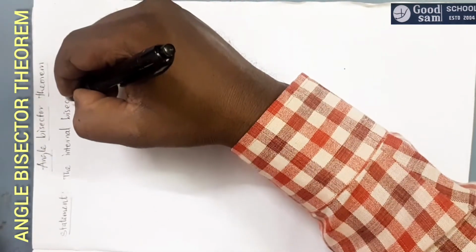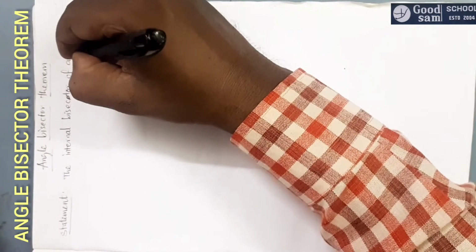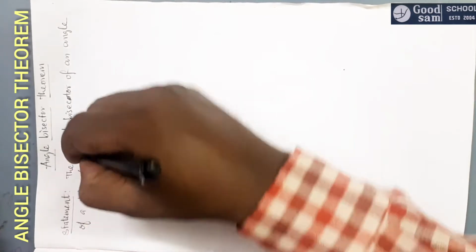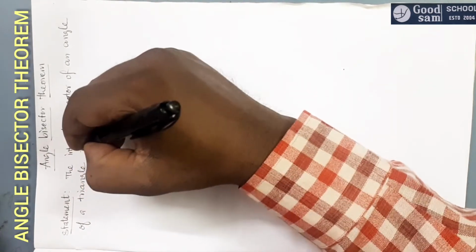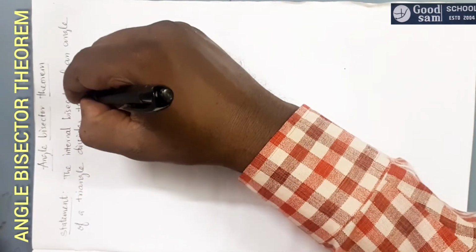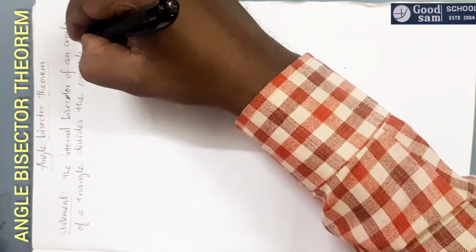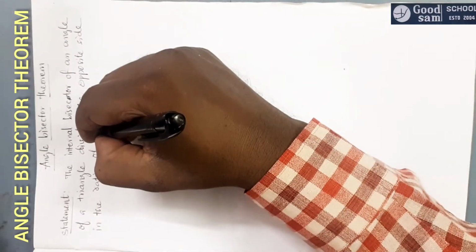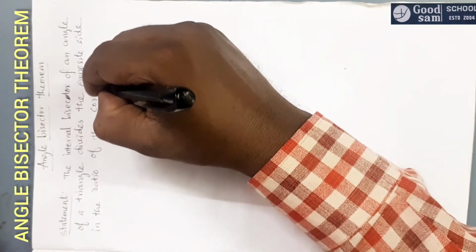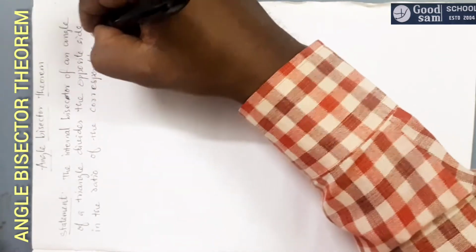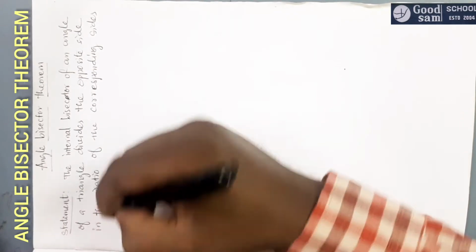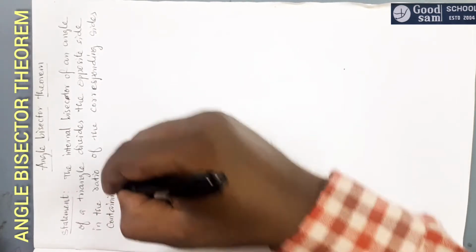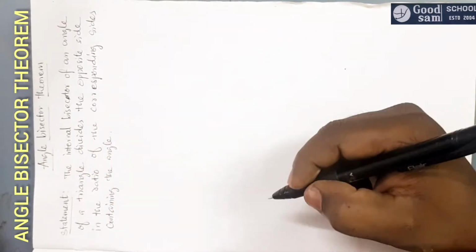The statement of the angle bisector theorem is: the internal bisector of an angle of a triangle divides the opposite side in the ratio of the corresponding sides containing the angle.